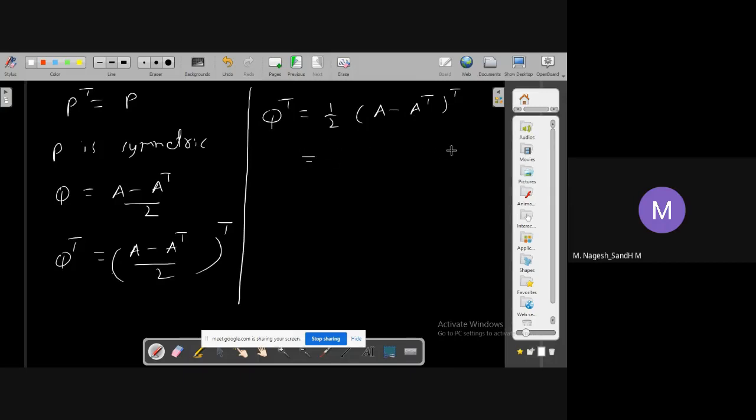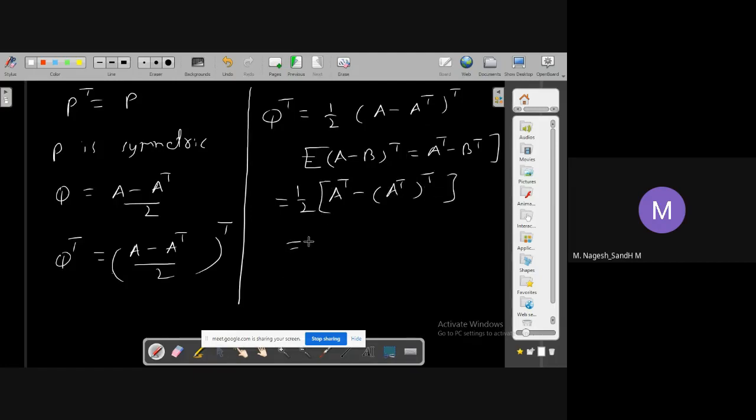Next, (A minus B) whole transpose we can write as A transpose minus B transpose. So what will we get? 1 by 2 into A transpose minus (A transpose) whole transpose.